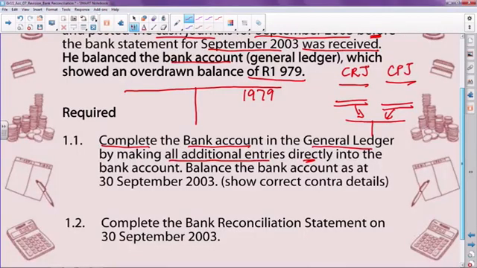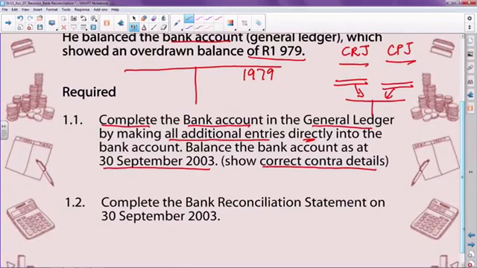Balance the bank account as at 30th of September 2003, and then in brackets, show the correct contra details. So contra details, I'm sure you're familiar with this term. Obviously, in the general ledger, for every debit, there's always a credit. So that's what we're referring to here. What's the other account affected?